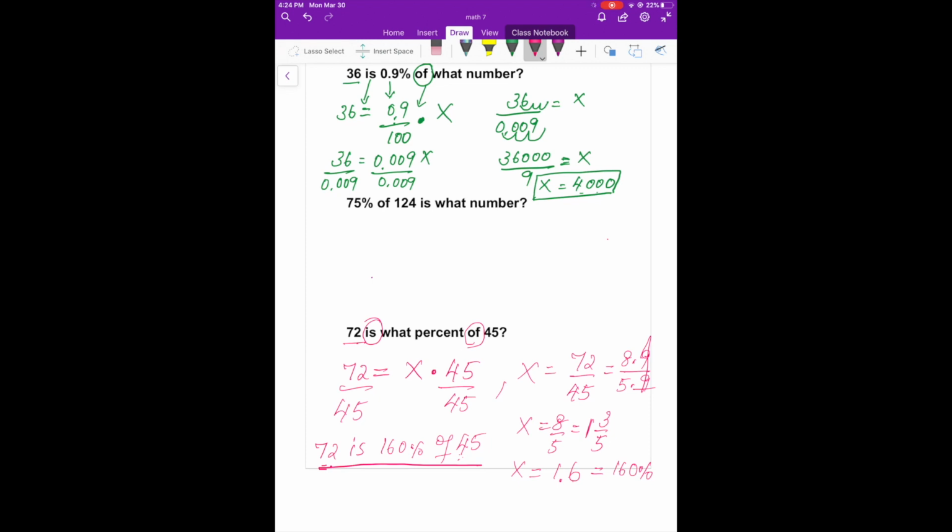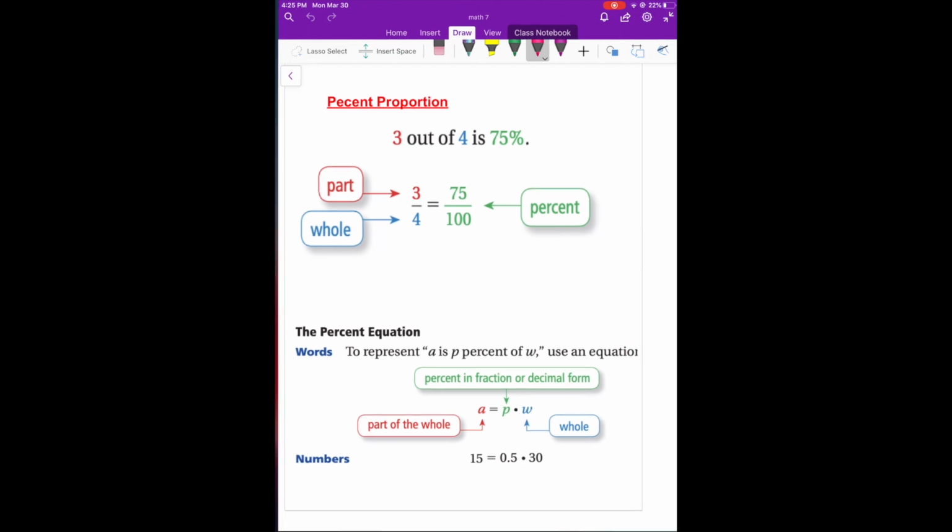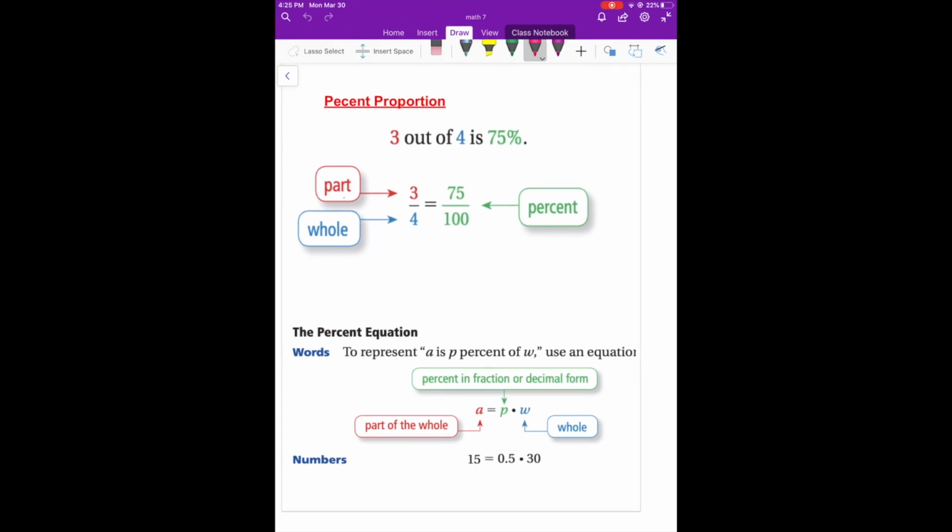Hope you get that. So let's look at the rules now. For percent proportion, we did the part over whole equal to percent, right? So the part we put on top, and the whole, like the total, is in the denominator. And on the right side, we put the percent. In the example, the part is 75 and the whole is 100. So the formula is part over whole equal to the percent, over 100, or x over 100.